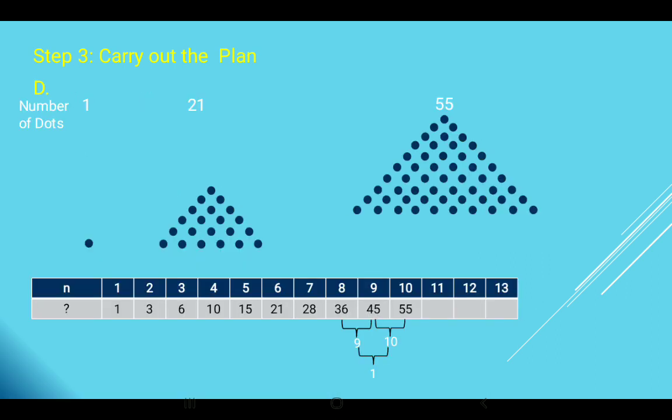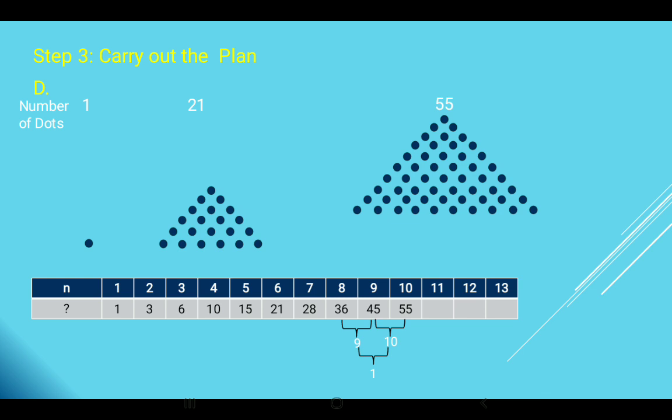Next, letter D. So, sa mga drawing, nakikita natin kung ilan yung number of dots. Sa unang figure, meron tayong isang dot. Sa pangalawang figure, meron tayong 21 dots. And sa pangatlong figure, meron tayong 55 dots.